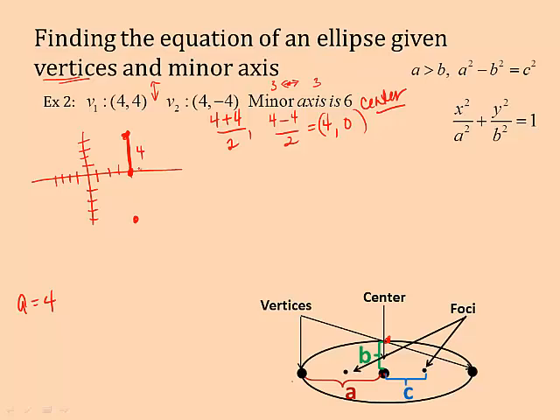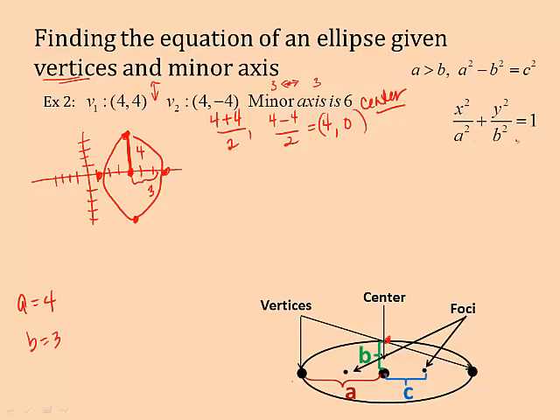Well, if I apply the minor axis and go out 3, 1, 2, 3, that's my minor axis. There's my ellipse. Okay, and what's the distance here? It's a 3. So that's the distance of B. Now, do I need C? I don't need to know what C is because I don't need it to write the equation.